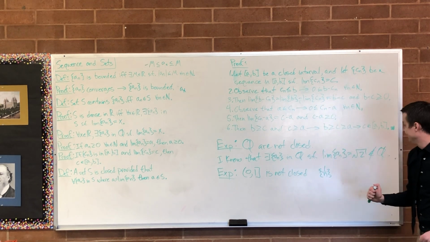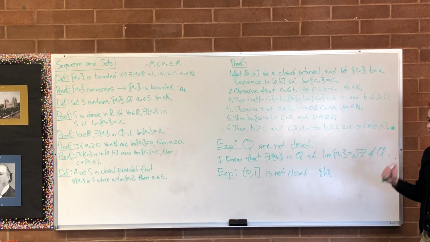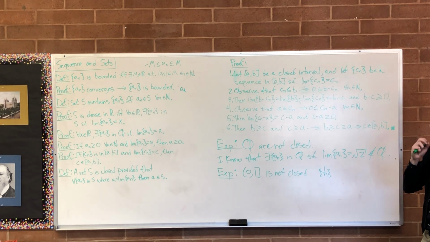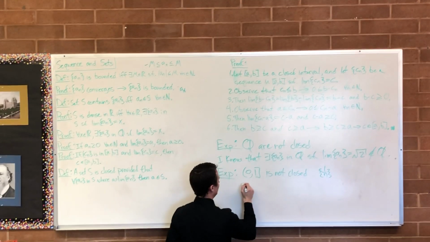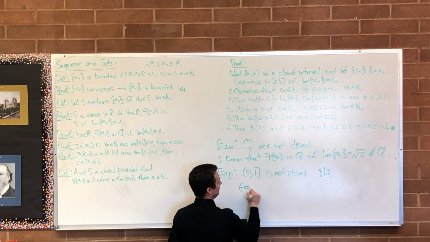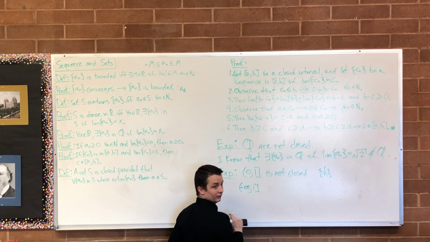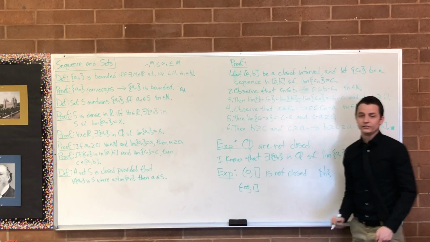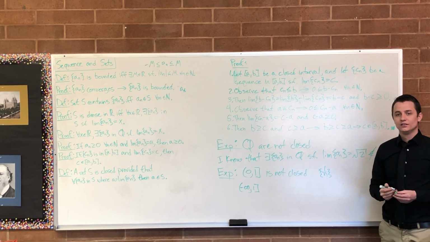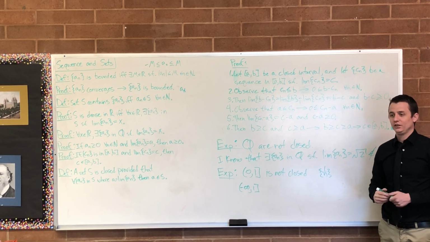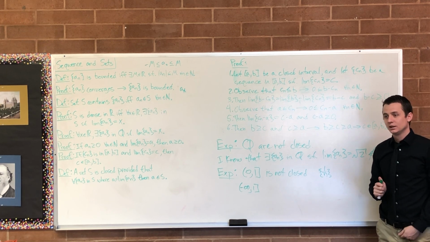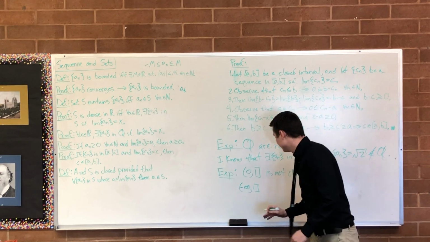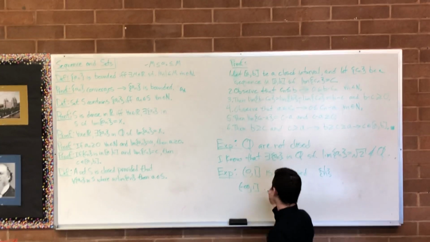Make sense? Okay, so take the example, open bracket, negative infinity, comma 1, close bracket. Is that open or closed? That's closed, right? Good. How can we rewrite this?